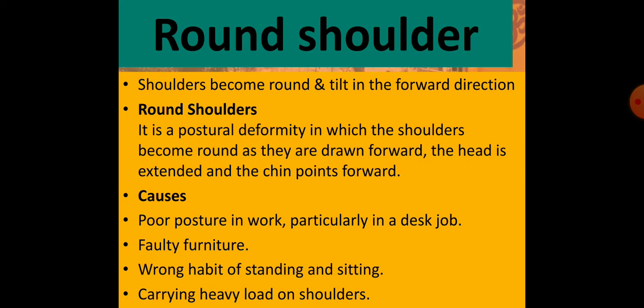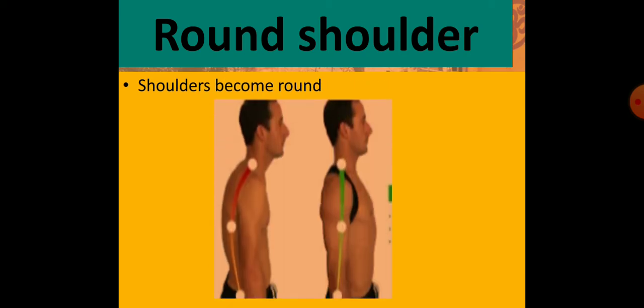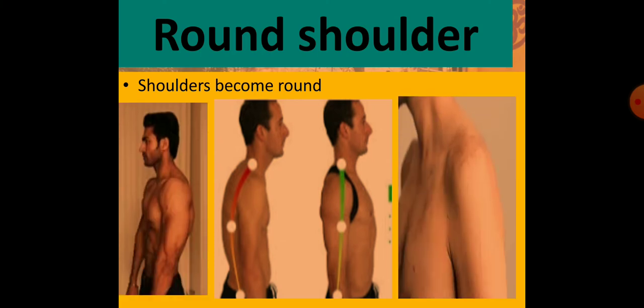We can see certain pictures of the round shoulders here. Round shoulders, when the shoulders become round. We can see the pictures when the shoulders come forward, they are being round.